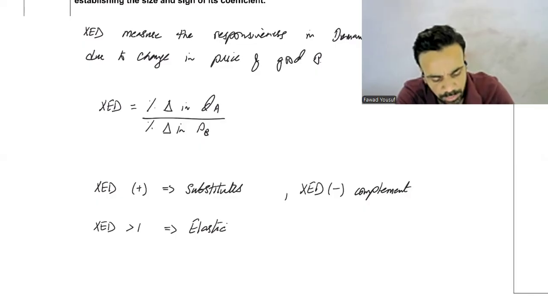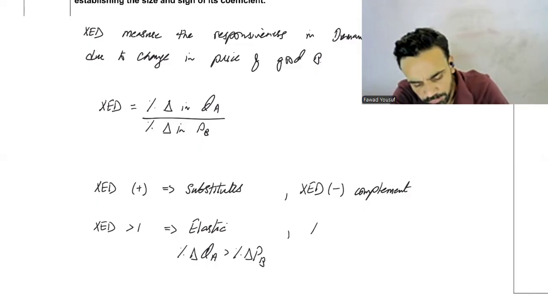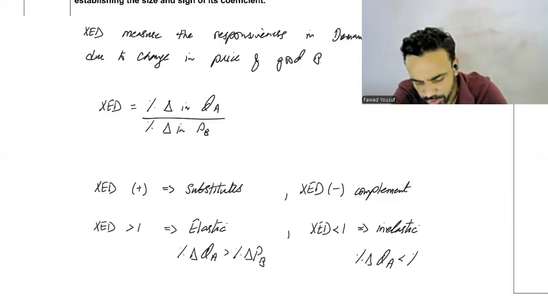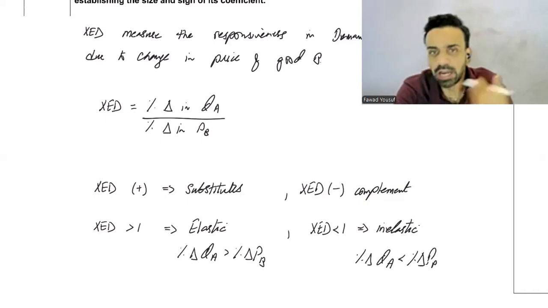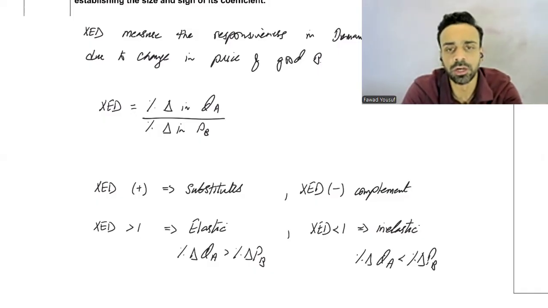Which means that the percentage change in demand for good A is greater than the percentage change in the price of good B. However, if XED is less than 1, then the two goods are supposed to be inelastic, which means that the percentage change in quantity for good A is less than the percentage change in the price of good B.